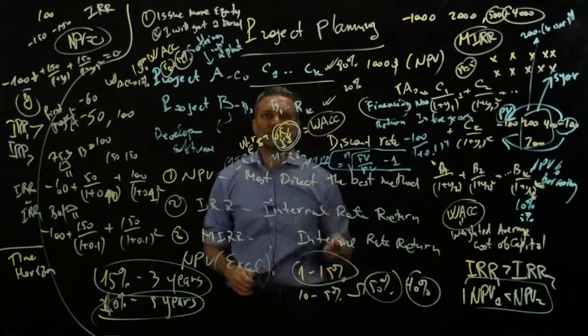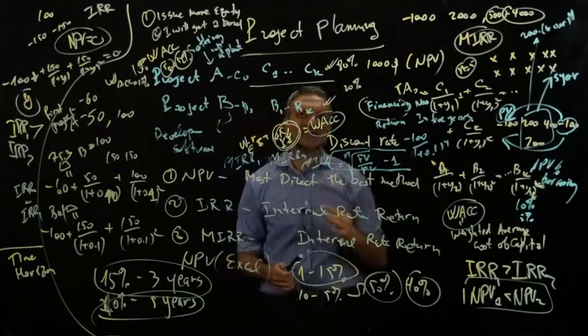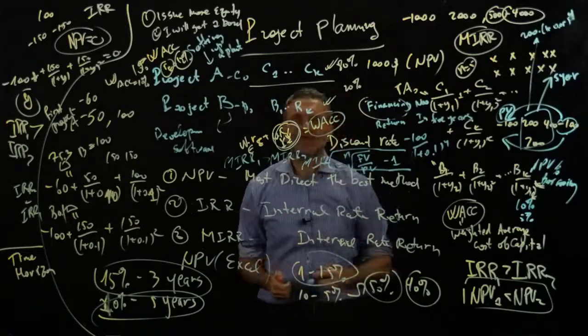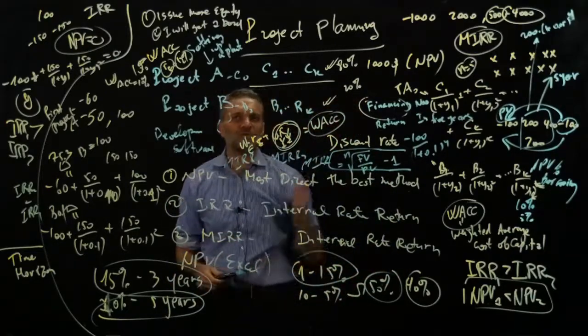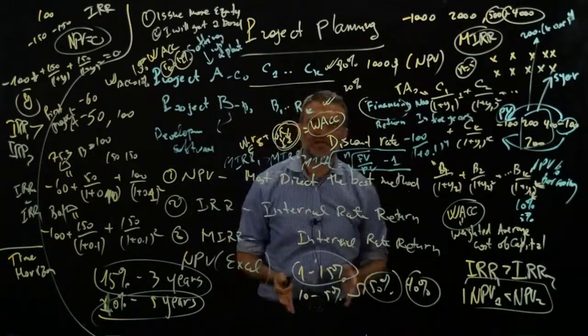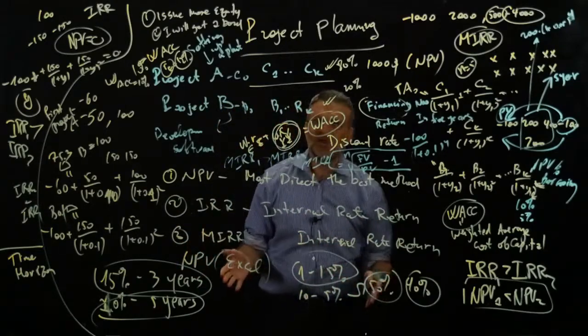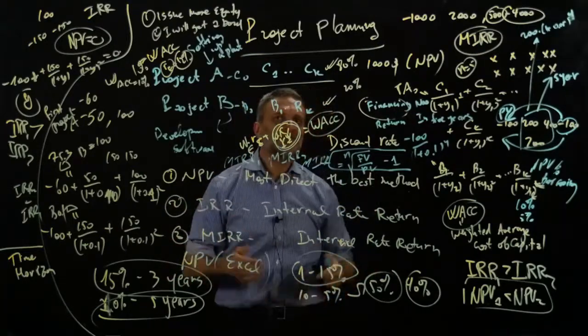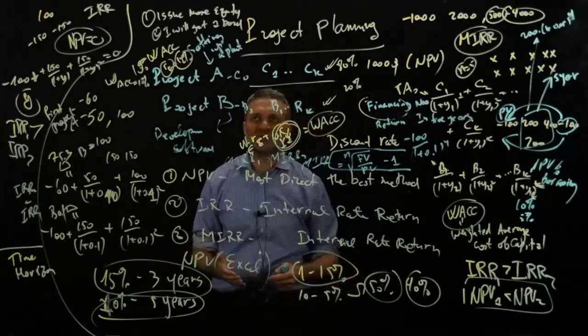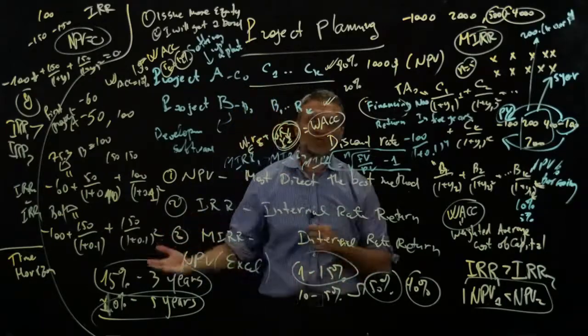Now, there are a couple of issues with all of these that you need to keep in mind. First of all, the discount rate was a WACC, and I showed you in class that the WACC is sometimes a moving target, because it depends on the window of the historical time series that you're taking in order to calculate it. It can also depend on the weights of your debt and equity. Which one would you use?